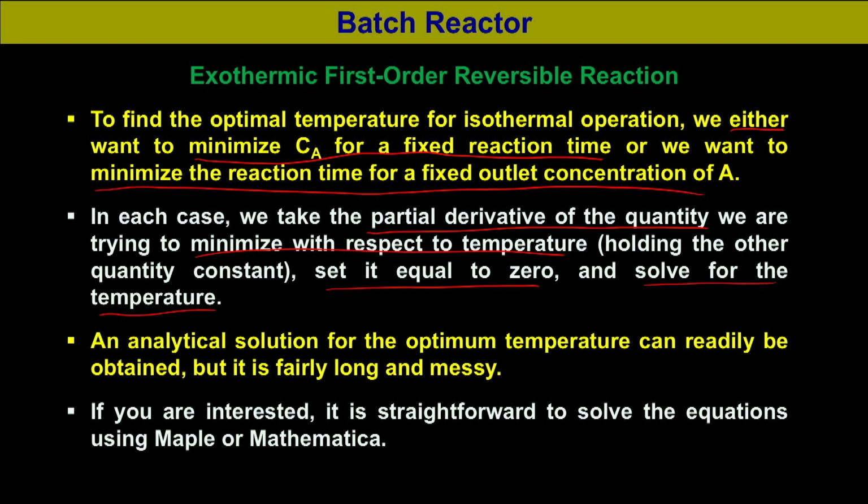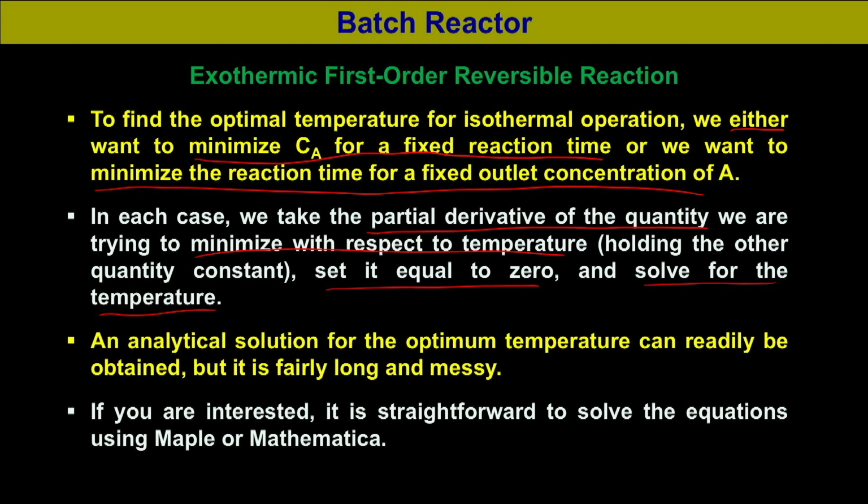So, in each case what we need to do, we take the partial derivative of the quantity we want to minimize with respect to temperature, holding the other quantity constant.